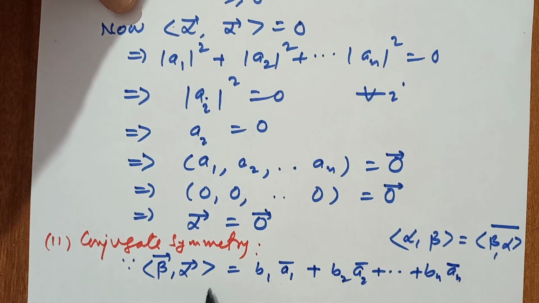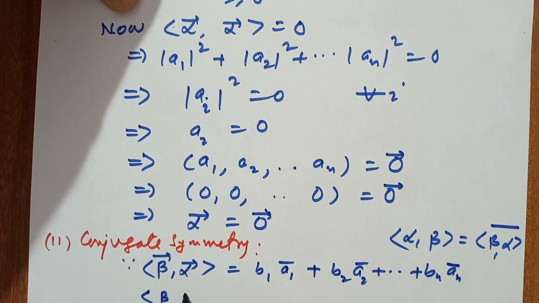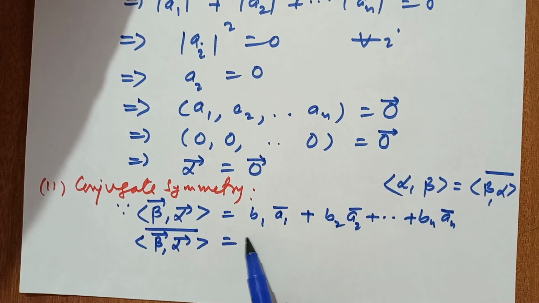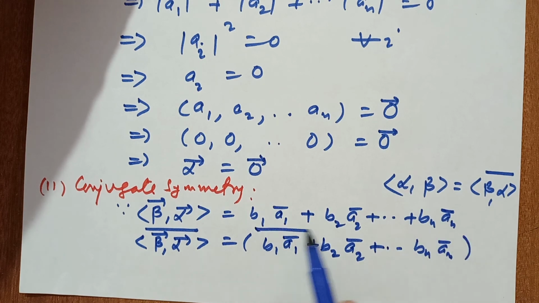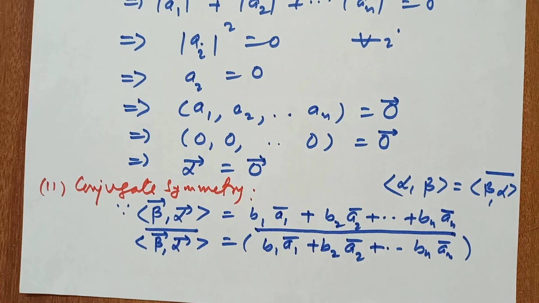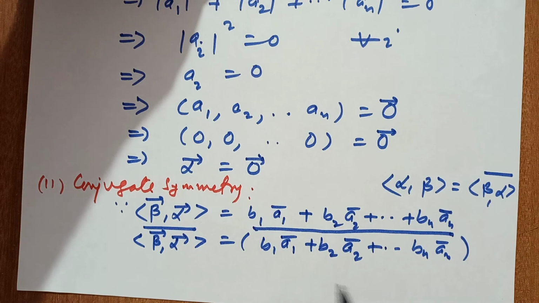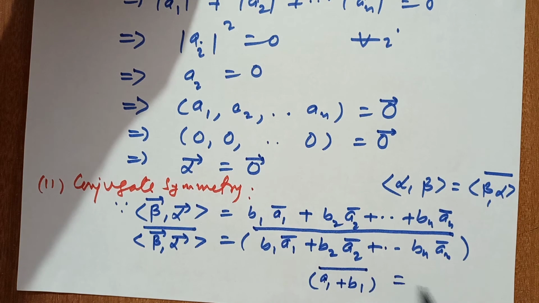Now the conjugate of inner product of beta, alpha means the conjugate of this whole thing. So by the property of complex conjugates, the conjugate of a1 plus b1 equals a1 conjugate plus b1 conjugate.